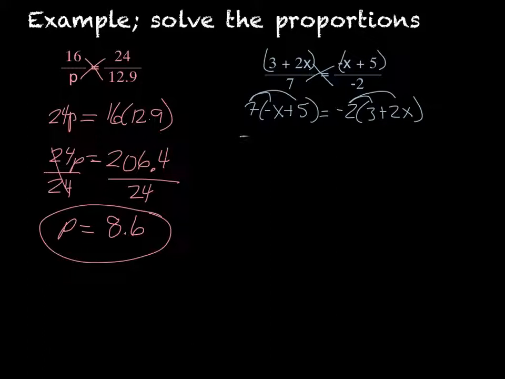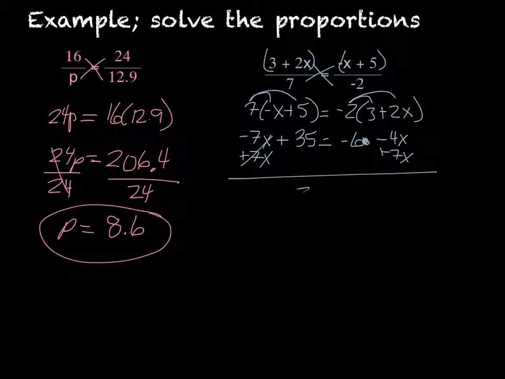So that's my next step, solving this linear problem here. So I have negative 7x plus 35 equals negative 6, negative 6 minus 4x. There we go. Now I'm just going to put my x's together, so I'm going to add 7x. And I have 35 equals negative 6 plus 3x.